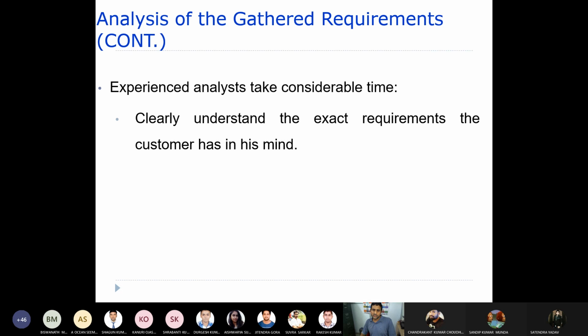So you need some experienced analyst, who can spend a large amount of time in understanding the exact requirements. Okay, what the customer has in his mind.